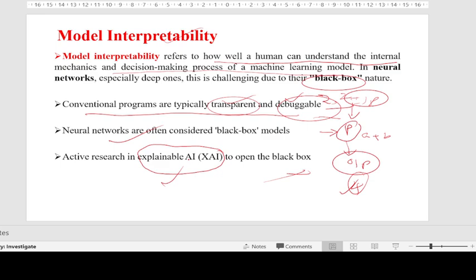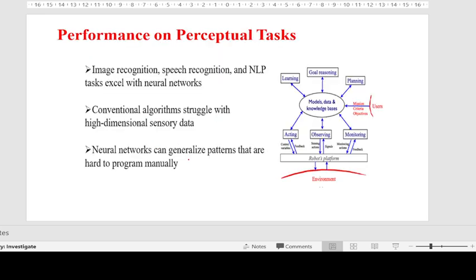Okay. So next one, performance on perceptual tasks. What kind of tasks can be done with neural networks? Image recognition, speech recognition, NLP, natural language processing. These are the main tasks it can do.